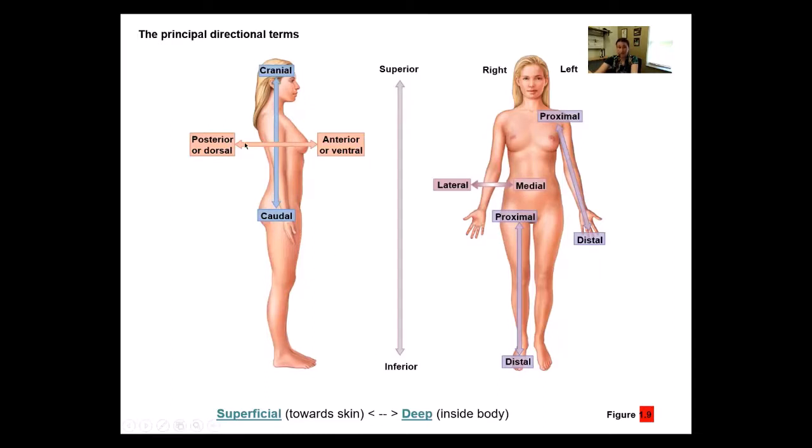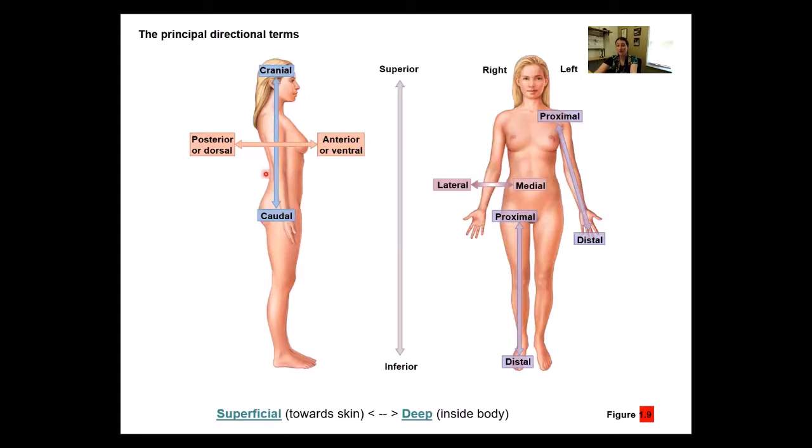Similar pair of directional terms. Cranial means closer to the head. Caudal means closer to the tail or the tailbone. Cauda means tail. So a structure can be cranial and superior, right? So the elbow is cranial to the wrist.